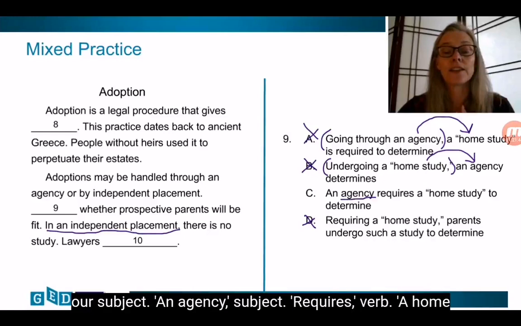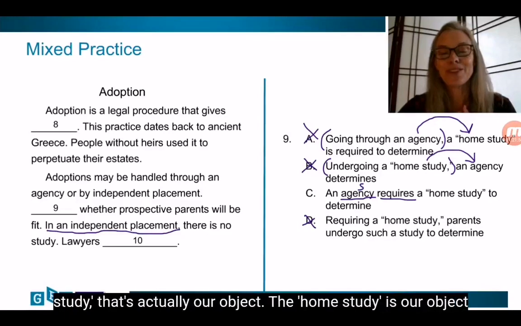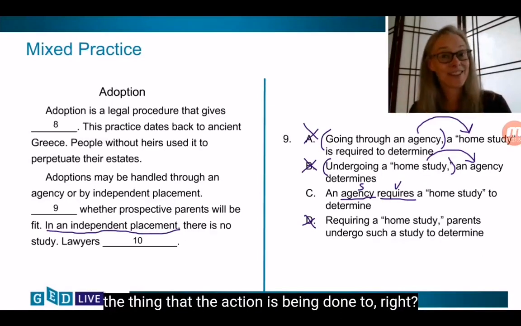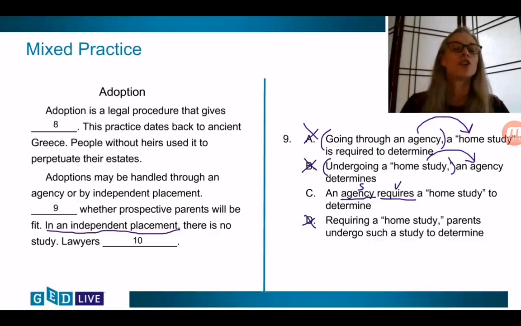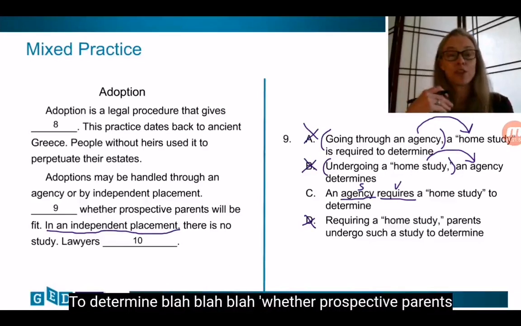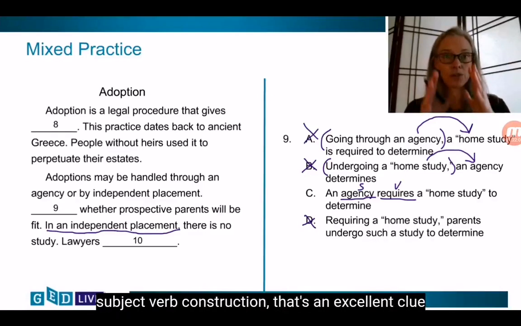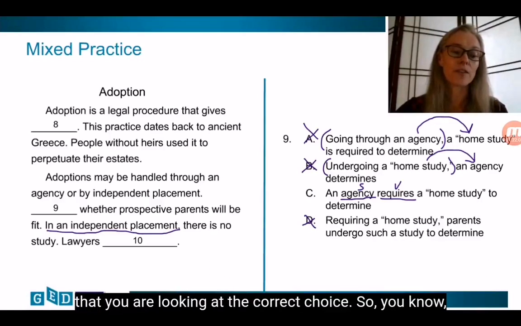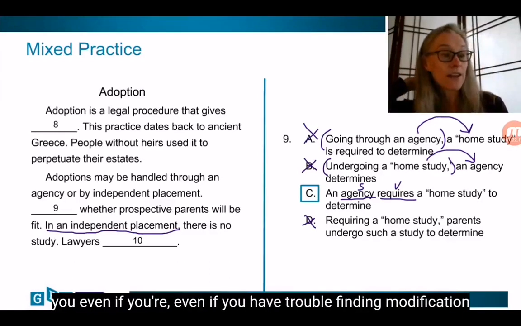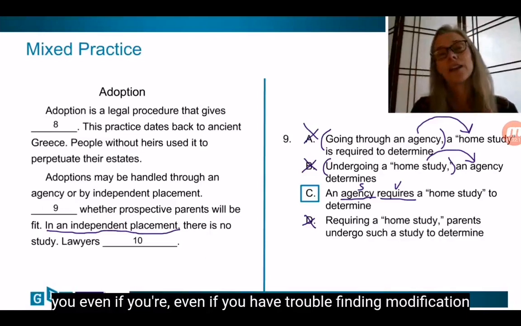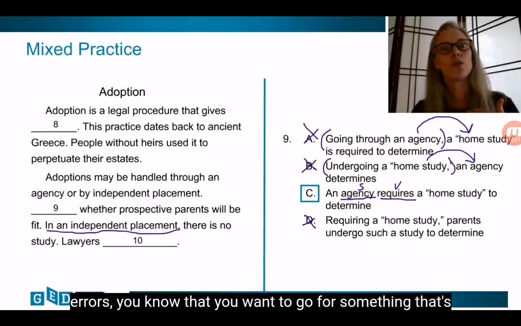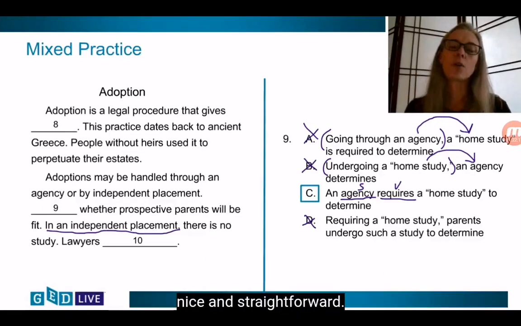An agency, subject, requires, verb, a home study. That's actually our object, the thing that the action is being done to, right? To determine whether prospective parents will be fit. And when you see that very straightforward subject-verb construction, that's an excellent clue that you are looking at the correct choice. So even if you have trouble finding modification errors, you know that you want to go for something that's nice and straightforward.